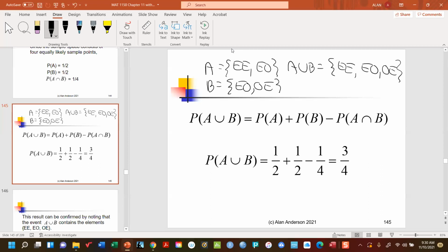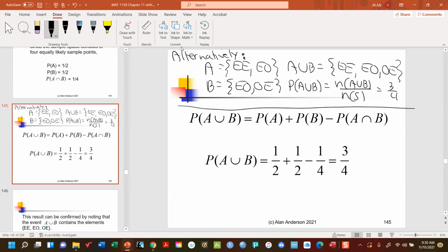And again, with the sample space with equally likely outcomes, what we could have done as an alternative is to count how many elements are in the union and divide by the number of elements in the sample space. It's the same thing. So that means we must have done it correctly when we used the addition rule. So either way, it's going to be 3/4.